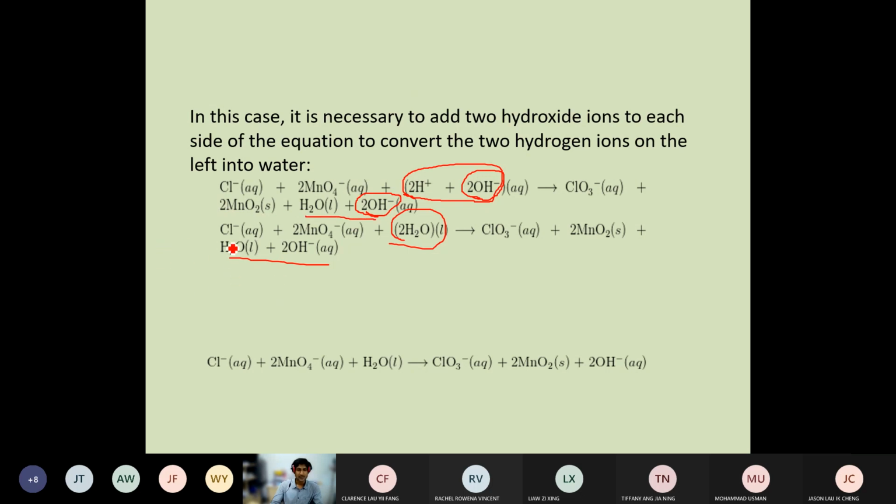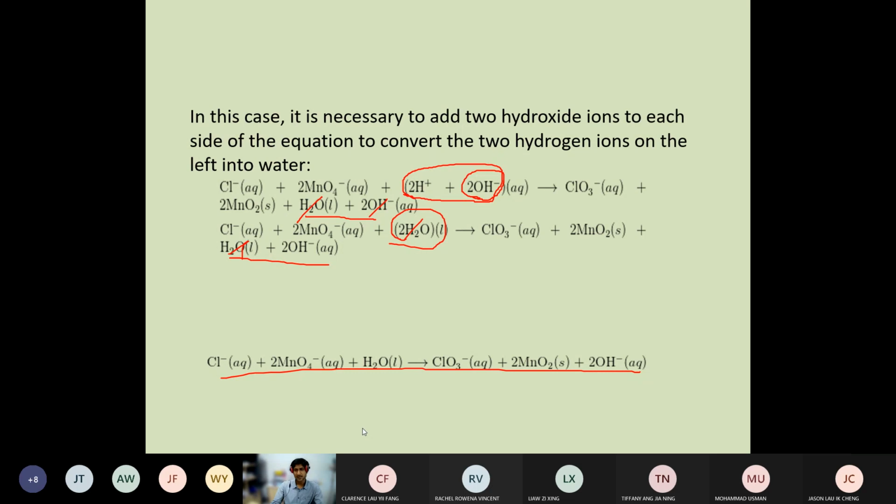So the water will be removed from both sides, so that the total reaction at the end is reduced to this. This is how we balance the reaction in basic medium.